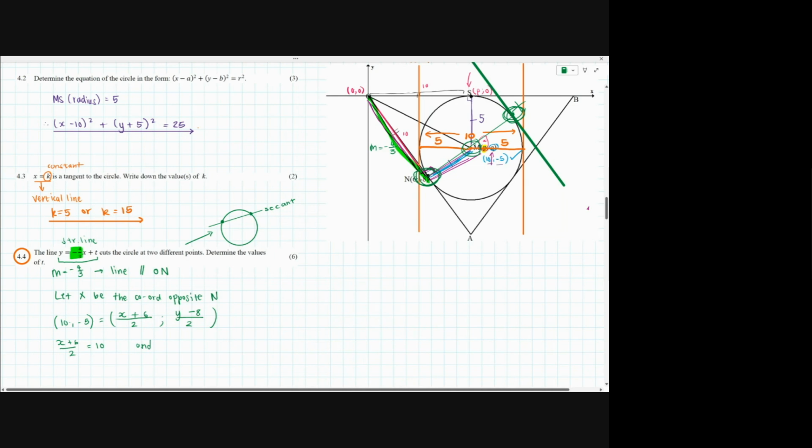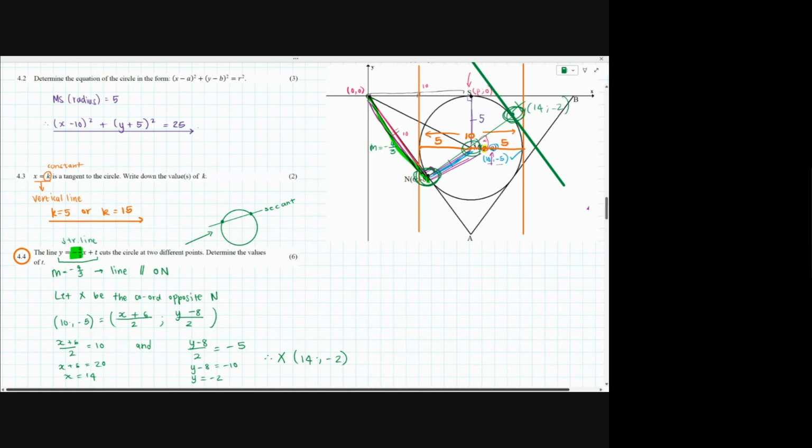And in a similar fashion, (Y minus 8)/2 must be equal to my Y coordinate of -5. Times both sides by 2 for X, I get X plus 6 equals 20, and so X is equal to 14. For Y, times both sides by 2, Y minus 8 is equal to -10. Add 8 on both sides, Y is equal to -2. So that coordinate X is at (14, -2).